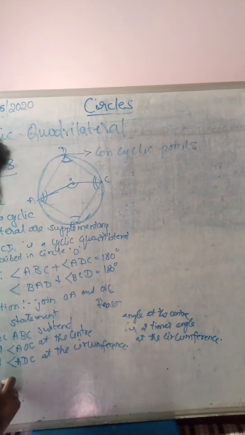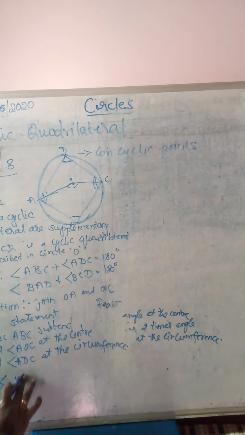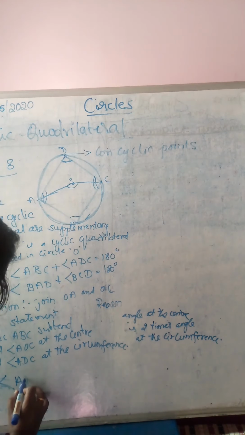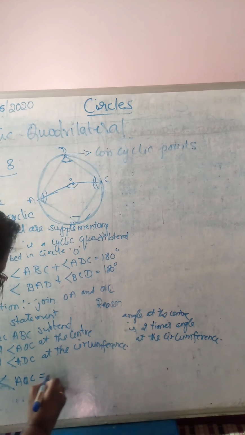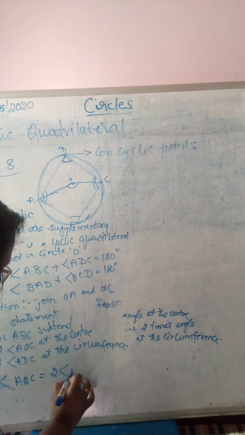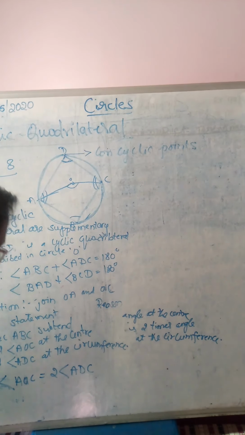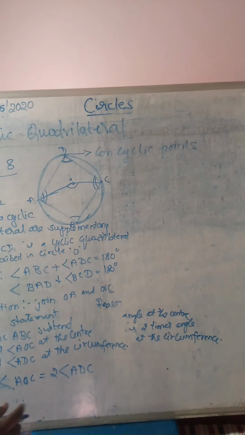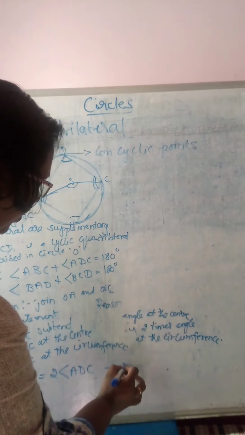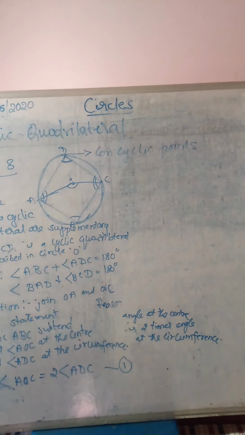So angle at the center AOC is equal to 2 times angle ADC. Now this will be statement 1.